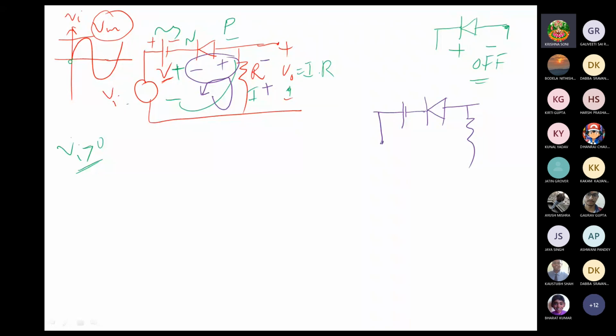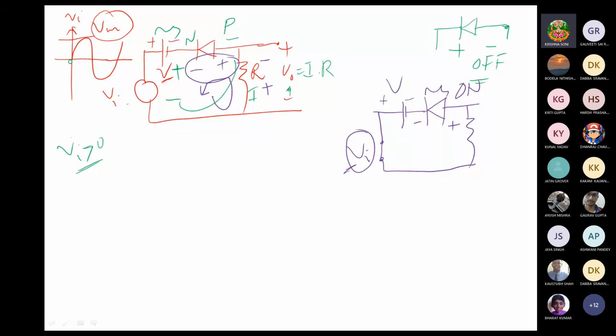We are assuming Vi is not present, only this potential source V is present. Now the potential source V has such a polarity that negative voltage is applied on the N side and positive on the P side. If the input voltage is not there, then the diode seems to be on.